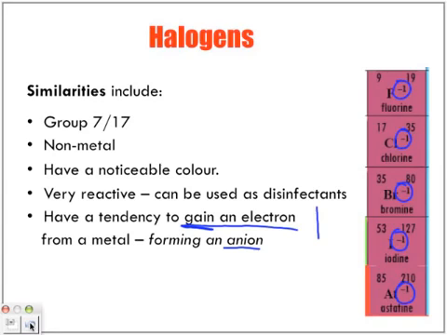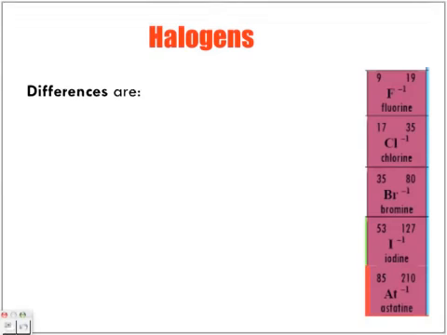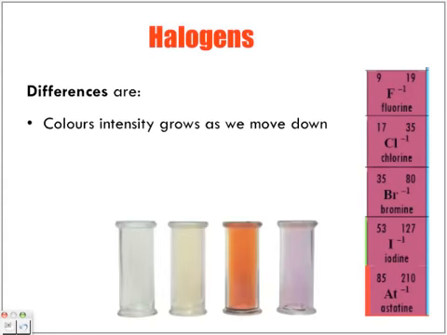Another thing that's not shown here, they all have 7 valence electrons. 7. Right? As I said, you're going to see this hint, right, as we're talking about. Let's look at the differences amongst the halogens. So, color intensity grows as we move down.